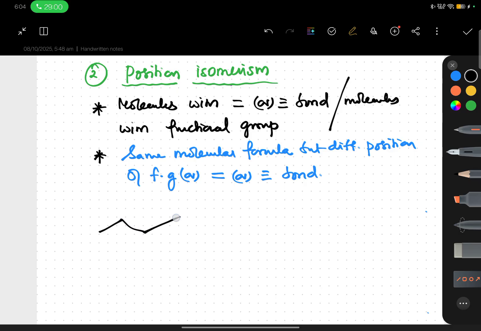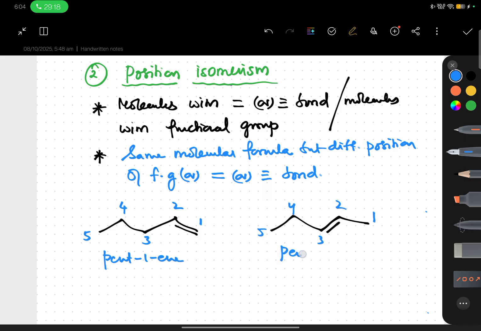For example, this is pent-1-ene, this is pent-2-ene. If you write the numbering 1, 2, 3, 4, 5, this is pent-1-ene. 1, 2, 3, 4, 5, pent-2-ene.